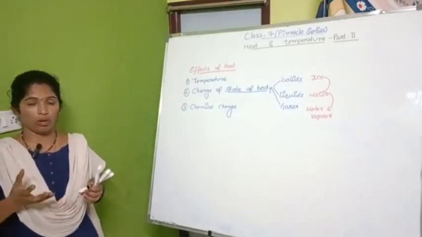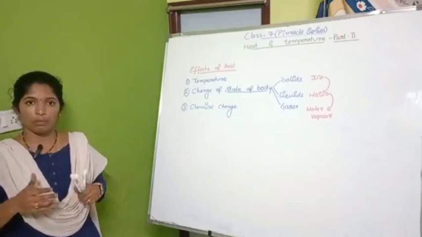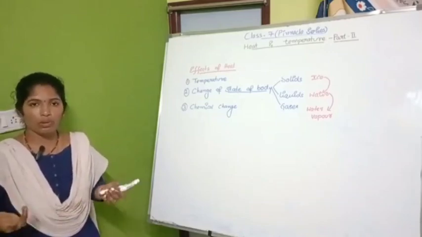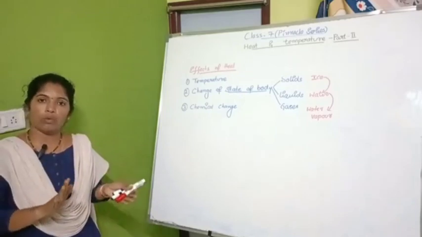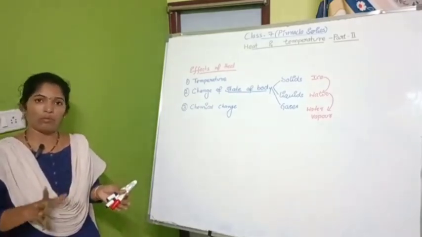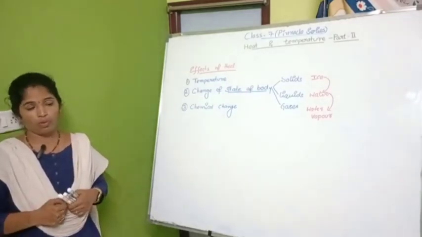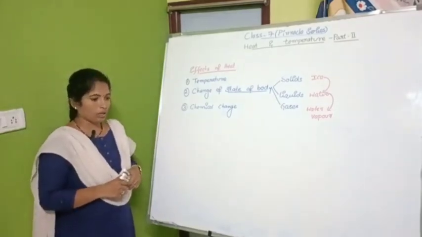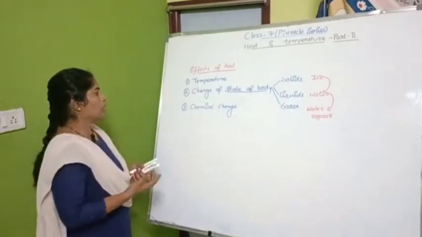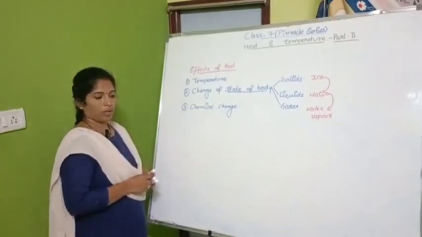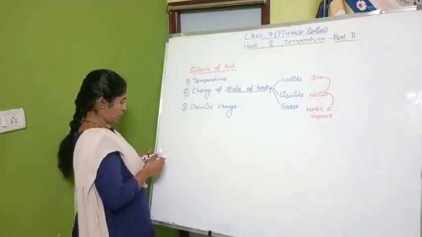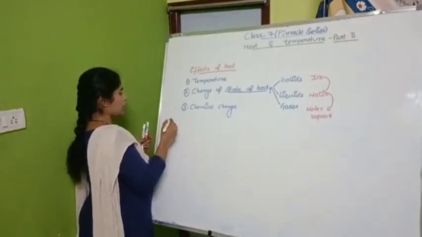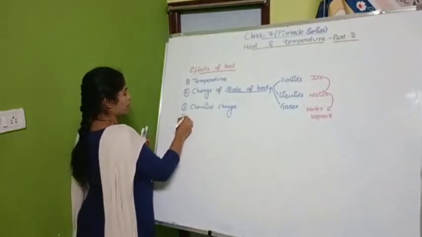Sometimes the body will burn, combustion, because the chemical property is changed. Are the chemical properties of the paper and the ash the same? No. So the chemical properties also change. That means there is a chemical change. Next, and far most important, the fourth one is thermal expansion.